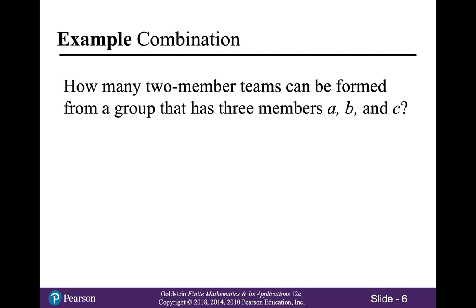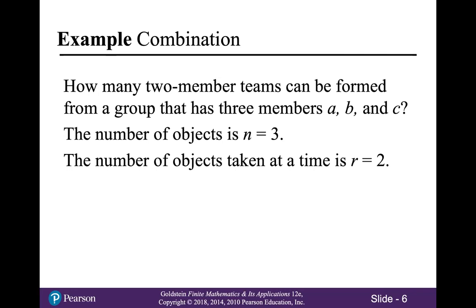All right, so for example, how many 2-member teams can be formed from a group that has 3 members, A, B, and C? The number of objects is n equals 3. The number of objects taken at a time is r equals 2.